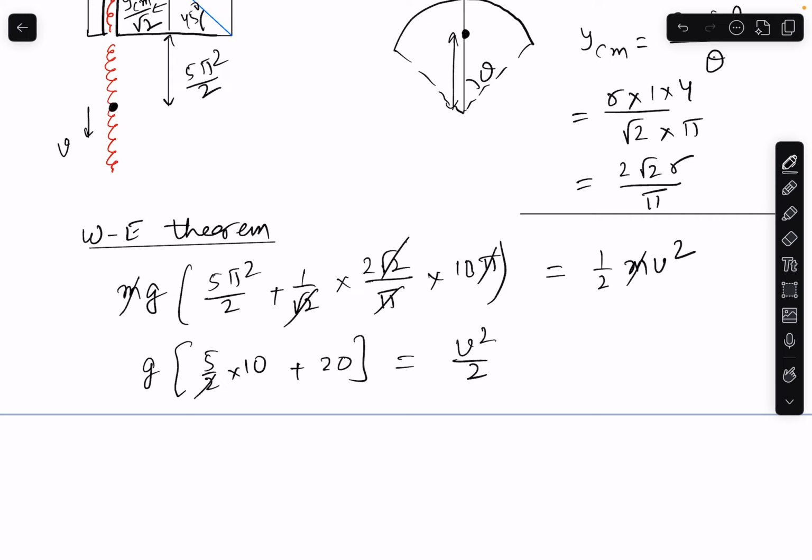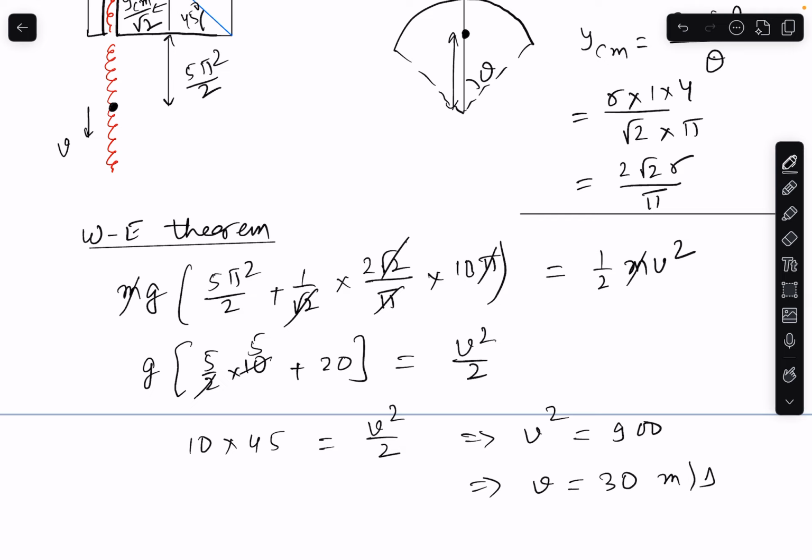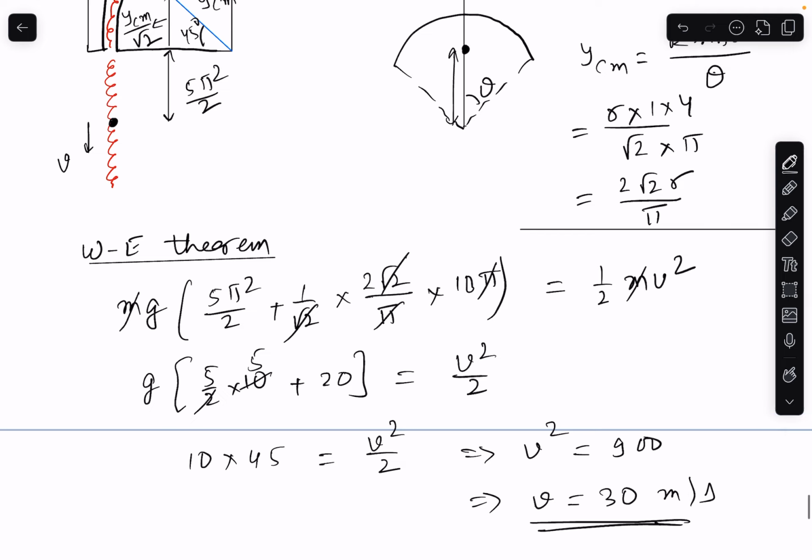So 2 will cancel out 10 five times, so 5 into 5 will be 25. 25 plus 20 is 45. And if you take g as 10, then 10 into 45 will be v squared by 2, which gives us the value of v squared as 900. On taking roots, we get v as 30 meters per second. So this will be the answer to this problem.